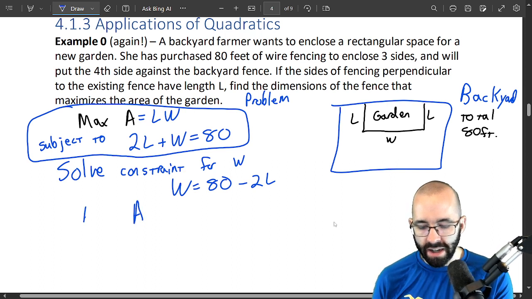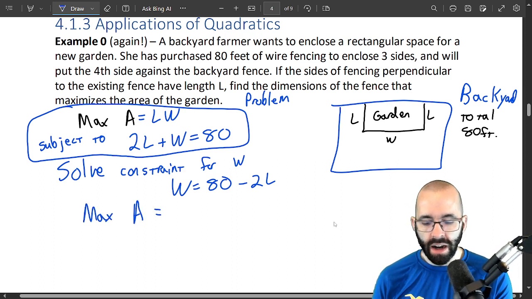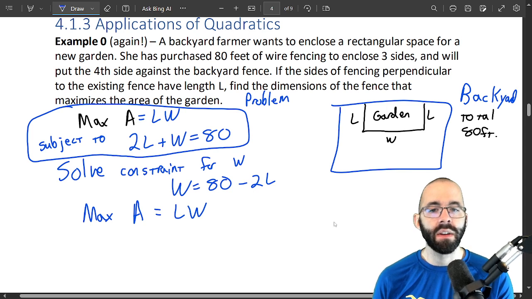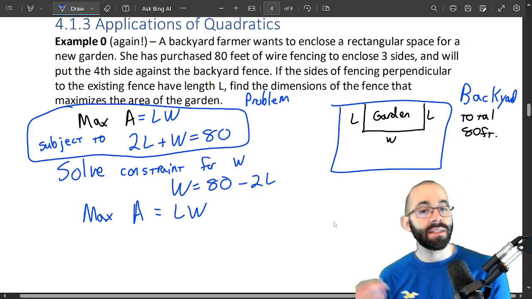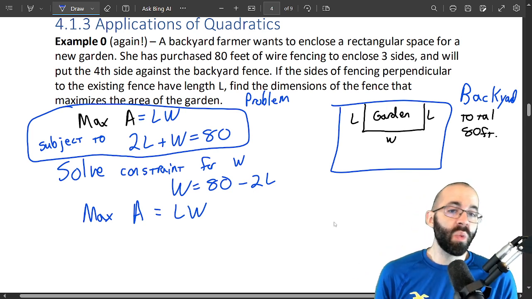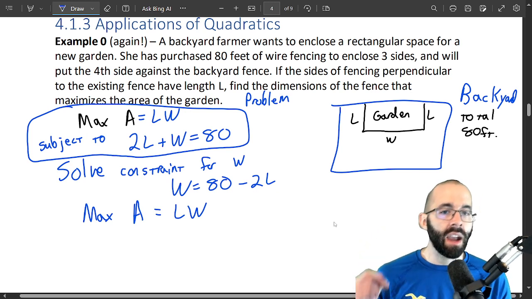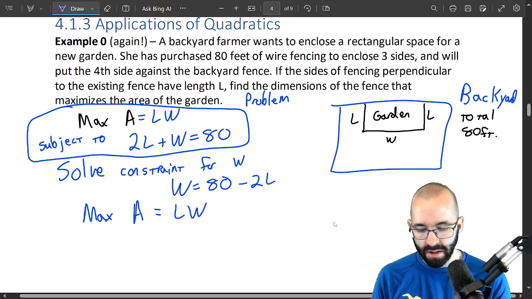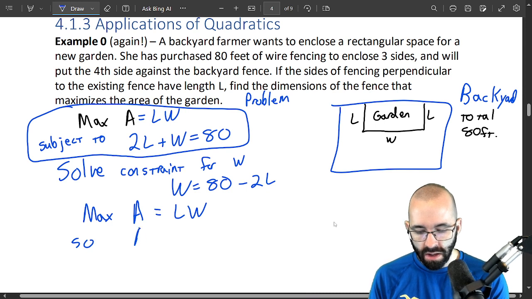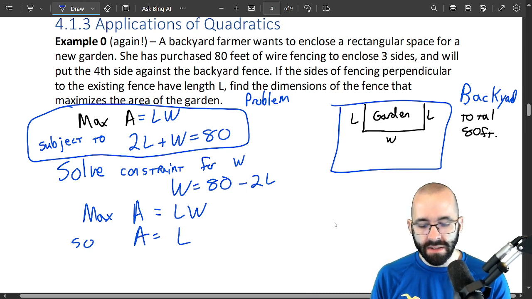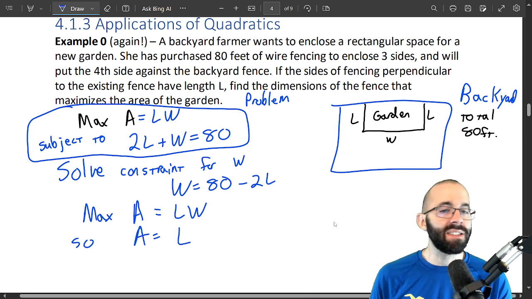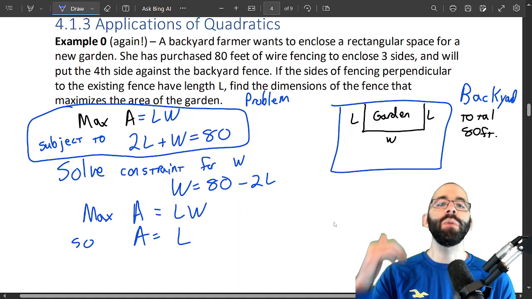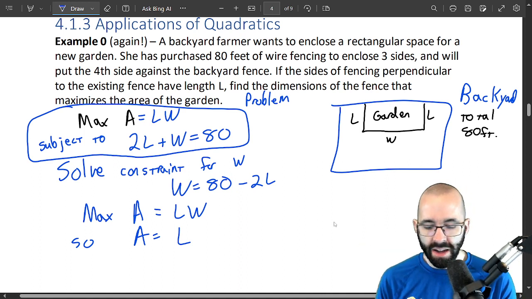And we want to maximize our area, which is length times width. We know that the width has to be 80 minus 2L. W equals 80 minus 2L. They're the same thing.